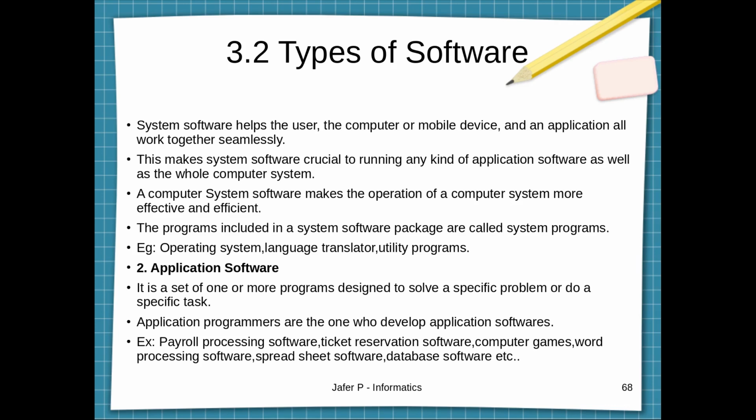Not only interacting with the hardware but also managing the application softwares. Let us see what an application software is later on. So system software is closely related with hardware as well as application software which runs in the operating system, right?